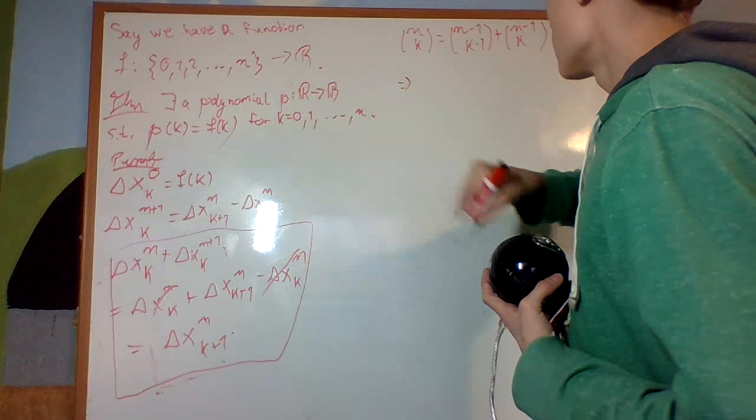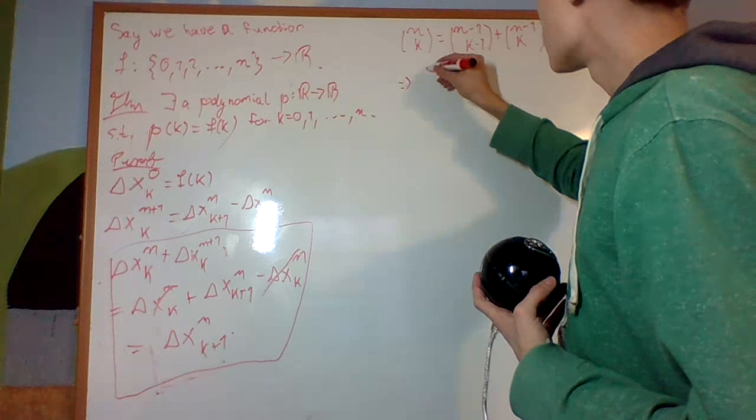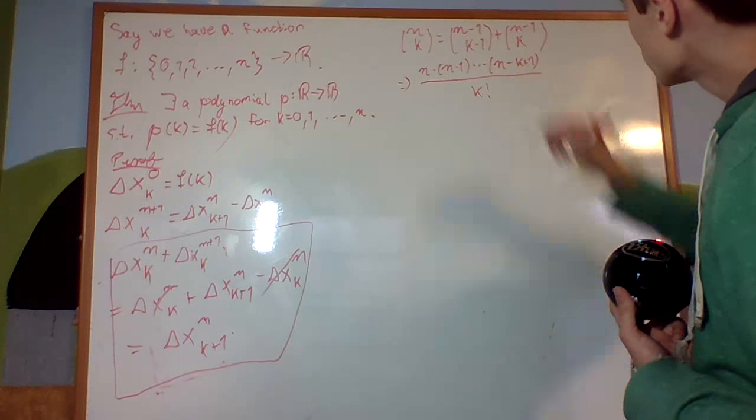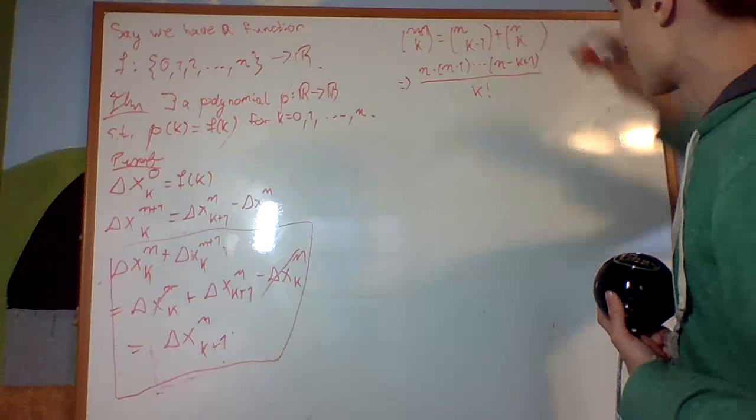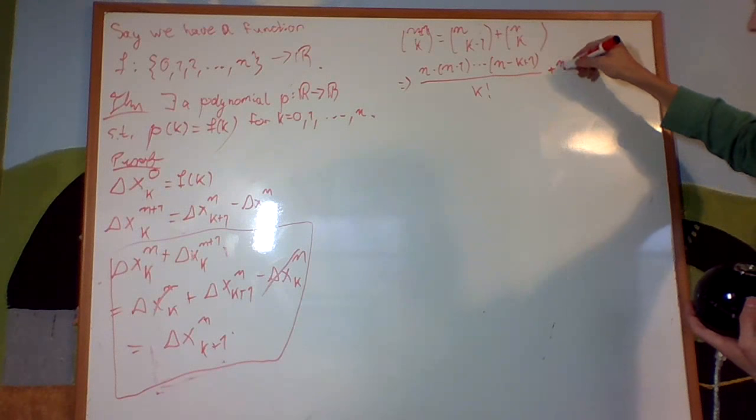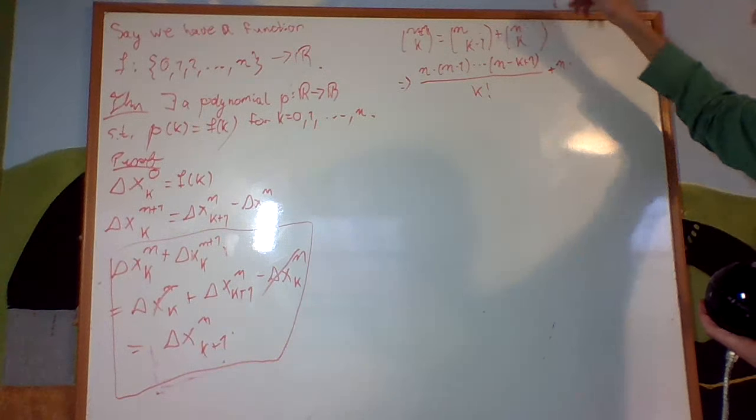The proof of this is because if I have n times n minus 1 all the way up until n minus k plus 1 over k factorial, I'm going to do n plus 1 there, and then n there and n there. Okay, and then I add on that. So this right here is that one. Then I add on that n times all the way down until n minus k, which is that one.